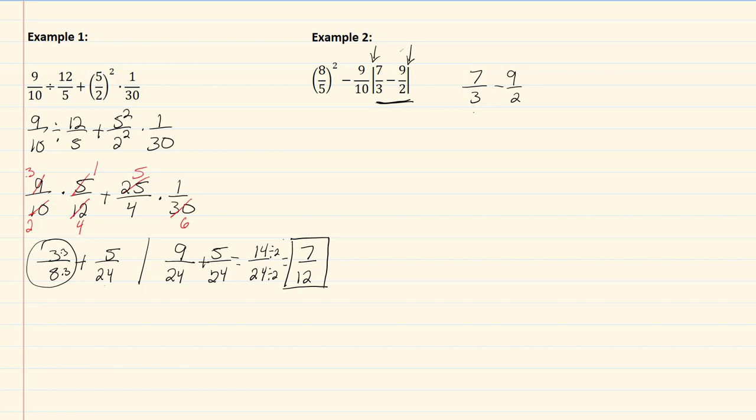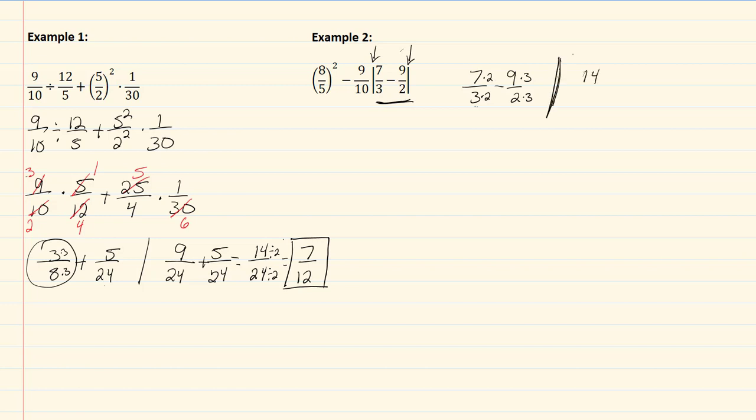So first thing I need to do is get a common denominator. Since 3 and 2 have no common factors, I'm just going to multiply them. So I'm going to take 3 times 2 and 2 times 3. That means my common denominator is going to be 6. So 7 times 2 is 14.